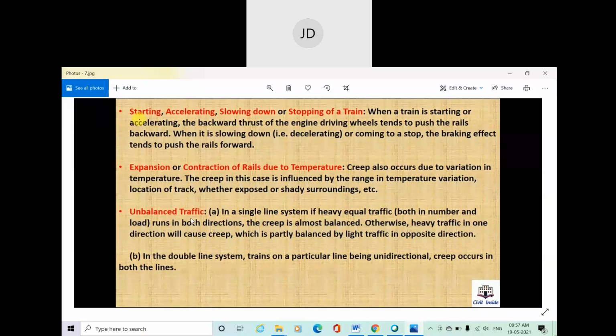Next, unbalanced traffic. Unbalanced traffic means it depends on the traffic volume also. Suppose there are two railway lines, one is this one, another one is this one.